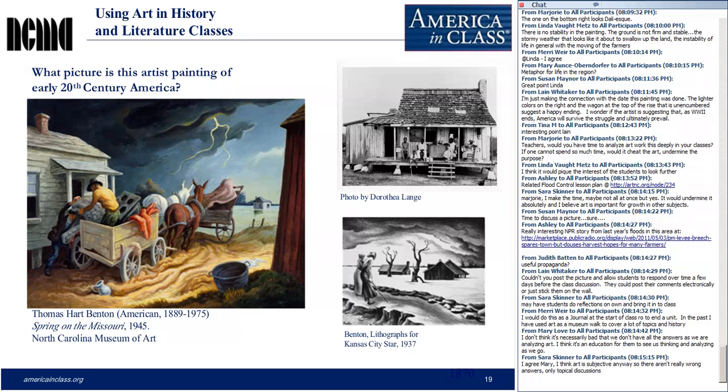I would first connect it to Benton's experience of the Great Depression and the struggles of the 1930s in the Mississippi River Valley, and his experience of that. I would have a harder time metaphorically connecting it to World War II or the victory in World War II.